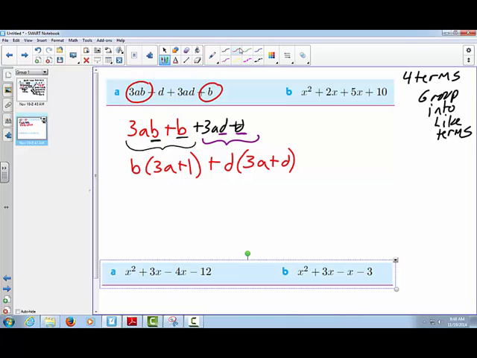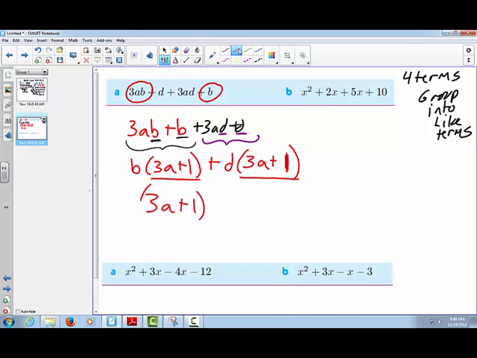I made another mistake, it's early in the morning here. Plus 1. Now, this and this are common, so they're coming out: 3a plus 1. And I'm left with b plus d. That's factored.